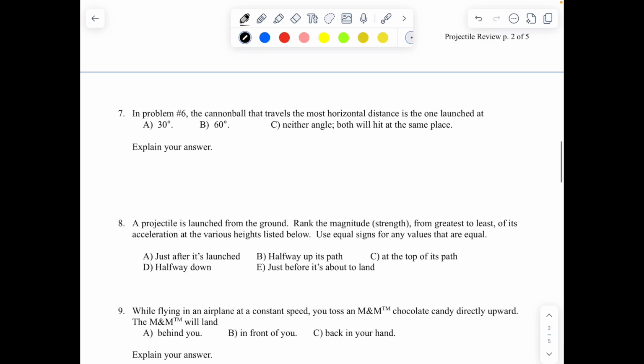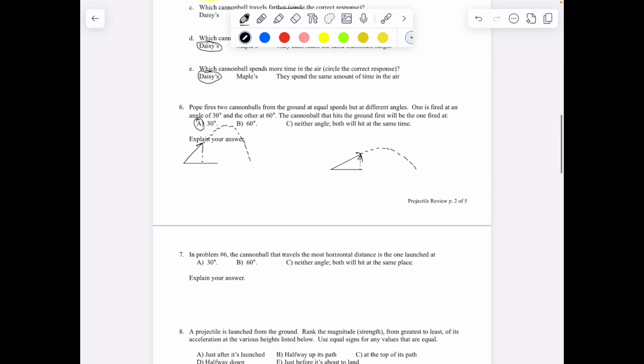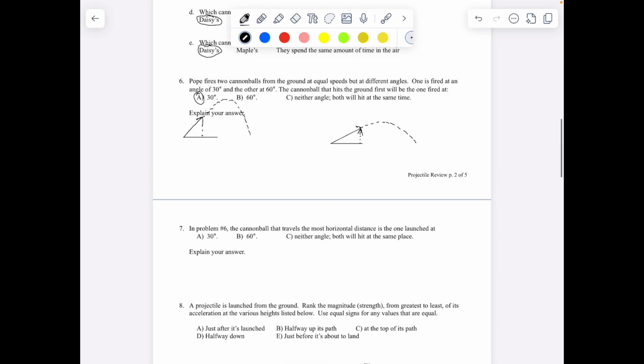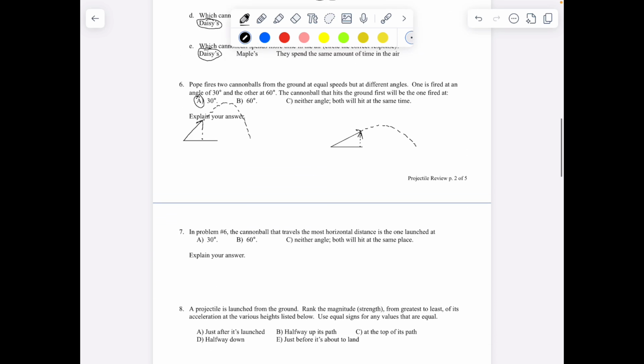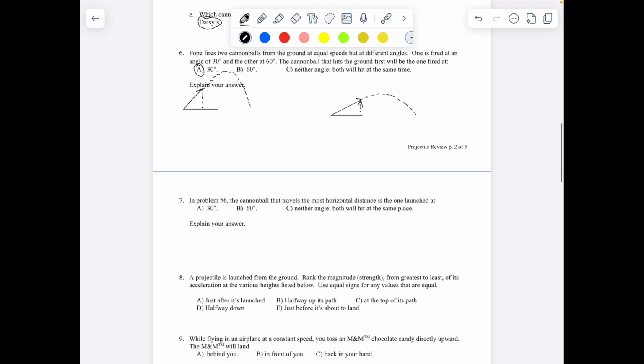In problem number 6, the cannonball that travels the most distance is the one launched at. Here, like we saw with Daisy and Maple, these two angles are complementary. 30 plus 60, if you add those angles up, they add to 90. That means that a projectile launched at either of those angles will both hit at the same place.